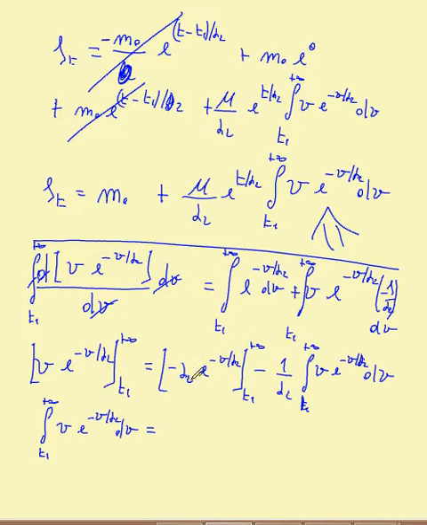So we get minus alpha 2, which multiplies v e to the power of minus v over alpha 2 between t1 and plus infinite, minus alpha 2, which multiplies, we need to put on the other side, so we get alpha 2 e to the power of minus v over alpha 2 between t1 and plus infinite.